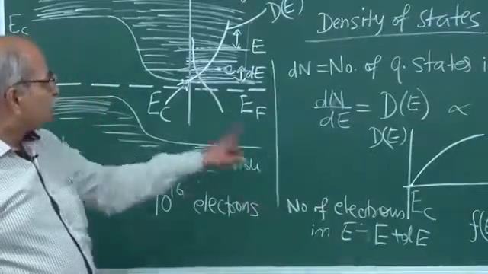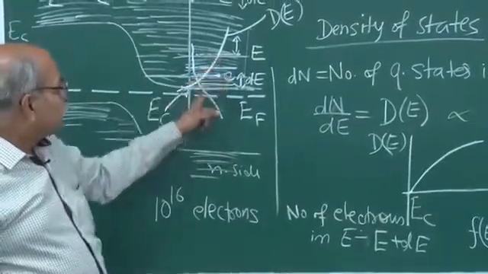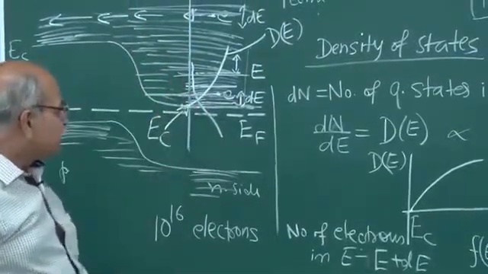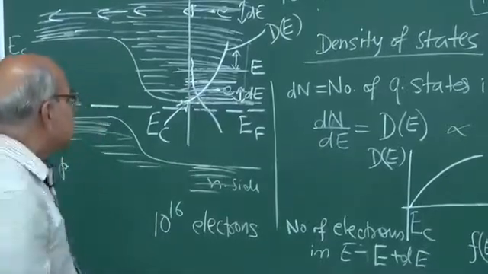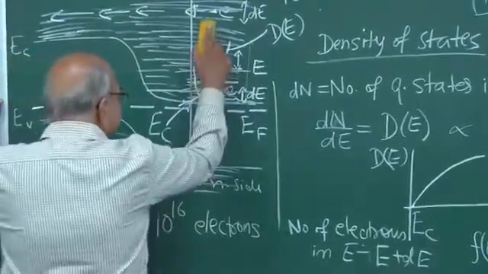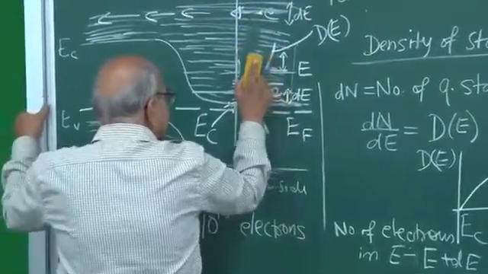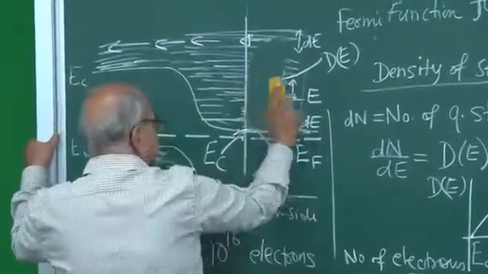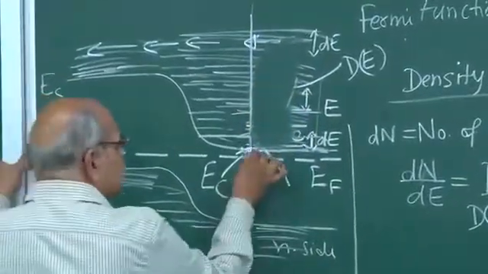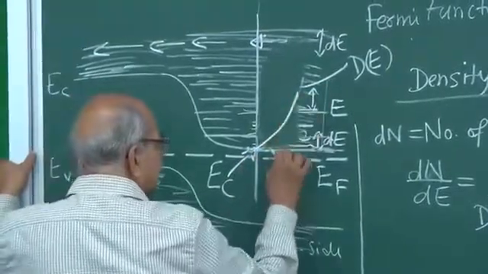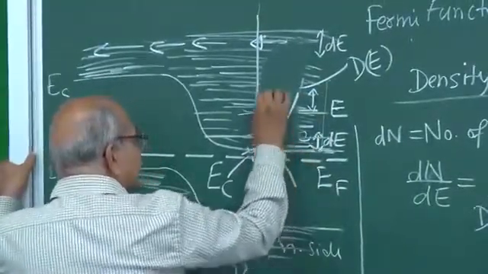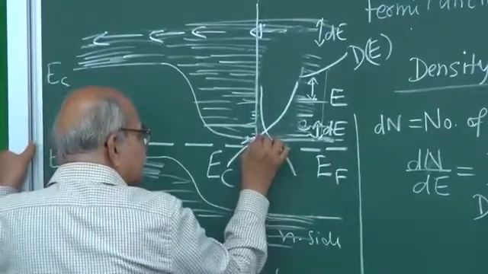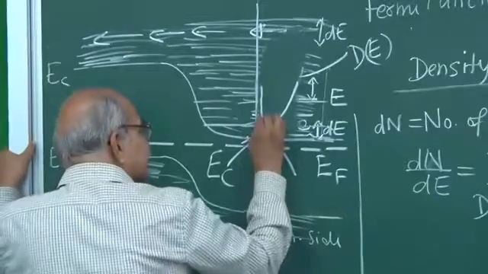So if you do that, one is increasing, another is decreasing as you go up. If you multiply them, what you will find is the following. Let me make some space here to do that. One function is going like this, another function is going like this, and when you multiply them, what you get is some kind of a function which maximizes and then it decreases.